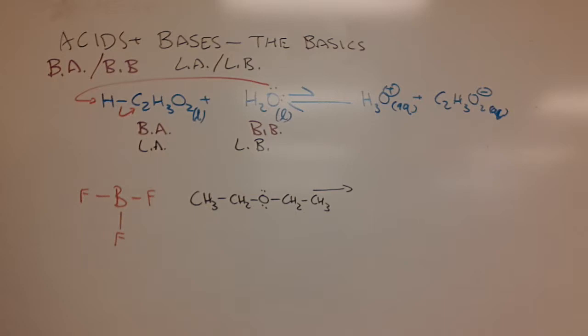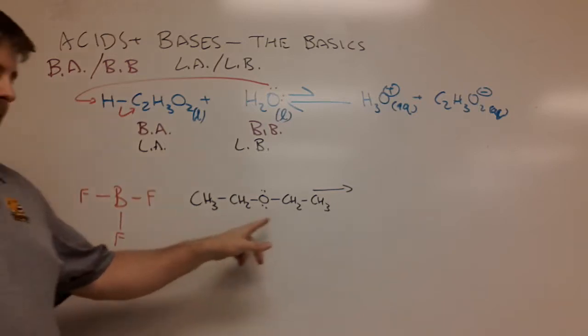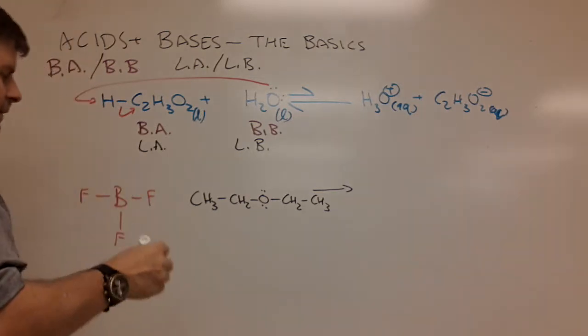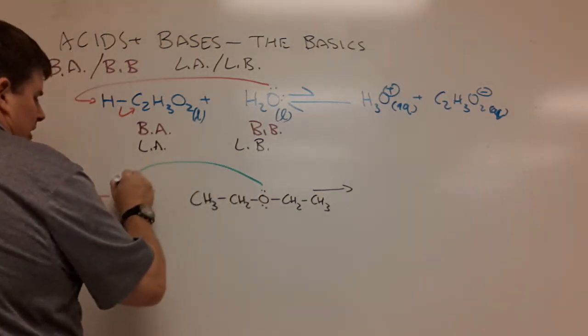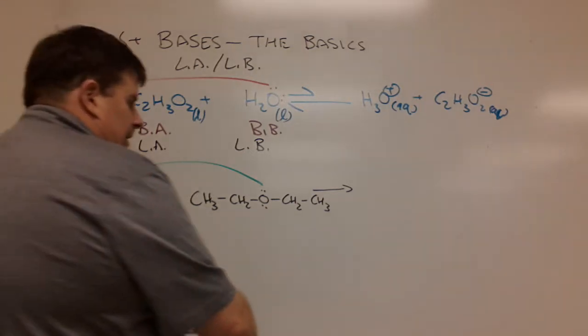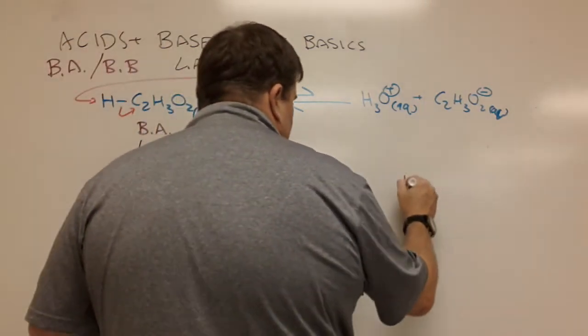But what about this thing and electrons? Well, boron has 6 electrons. My ether, diethyl ether here, has some extra electrons on that oxygen. So what happens is I get a transfer of electrons from that oxygen to that boron. And I get a molecule that looks like this.